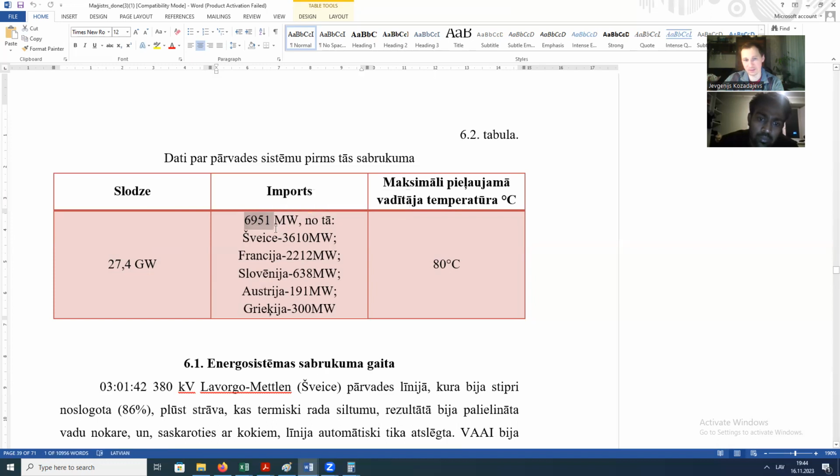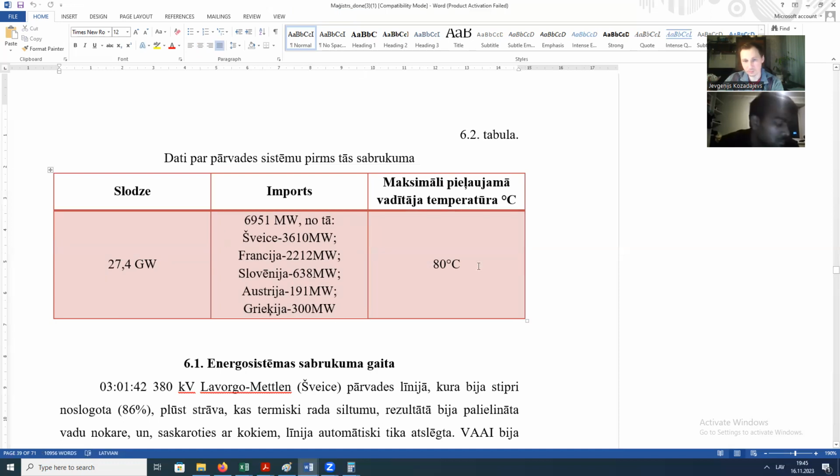Let's see how this deficit was divided. Power from Switzerland, 3.6 gigawatts, power from France, 2,000 megawatts, power from Slovenia, 0.6 gigawatts, power from Austria, 191 megawatts, and power from Greece, 300 megawatts.